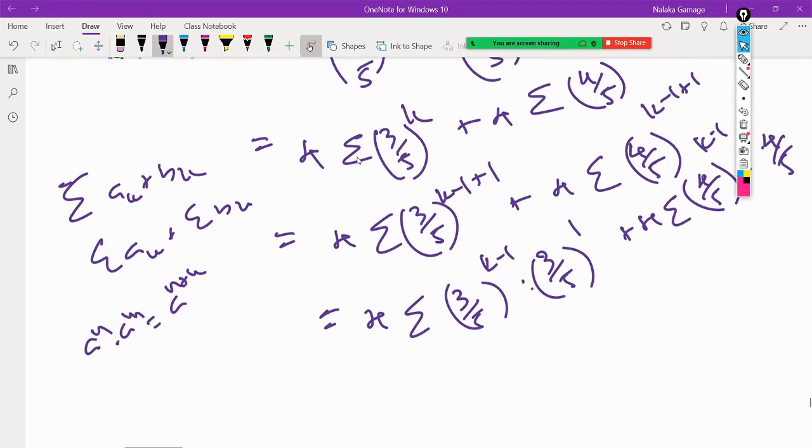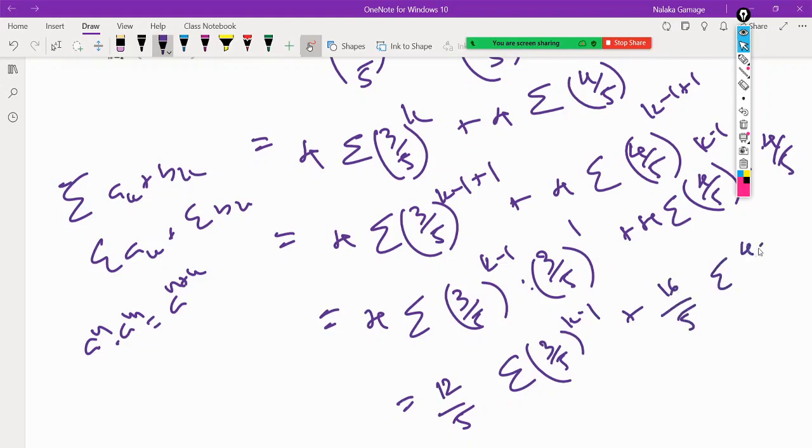Now let's see. This is another constant, I can take that also out. So this is 12 divided by 5 sigma (3/5)^(k-1) plus 16 divided by 5 sigma (4/5)^(k-1). This is something like ar^(n-1). A is 1 now.